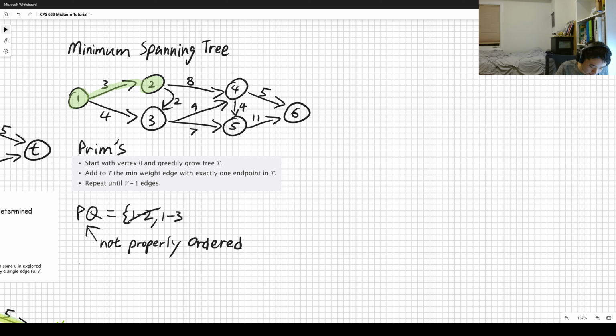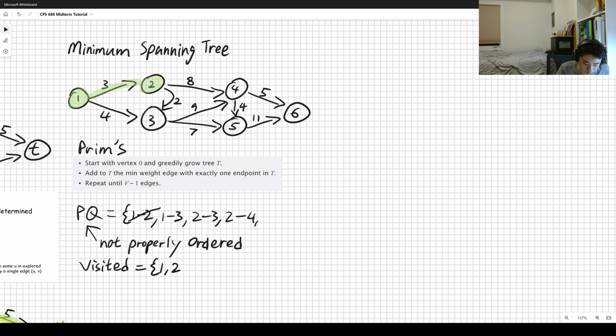I'm going to also write out the visited nodes, and right now 2 is visited. So 1 was visited at first, then we add 2 to the list. Next, I will add some more edges that come from 2. So in our case, we look at 2 to 3 and 2 to 4.